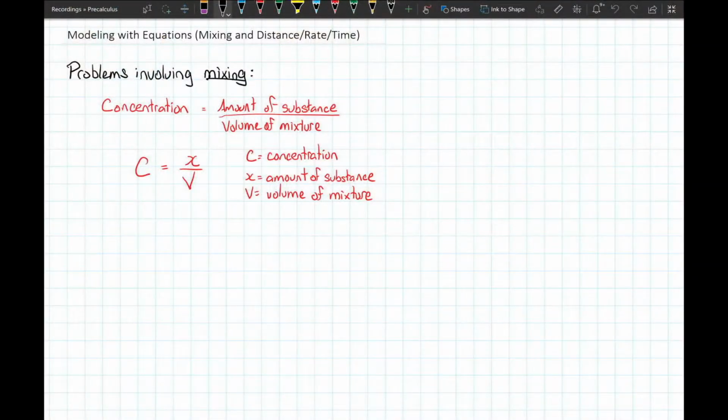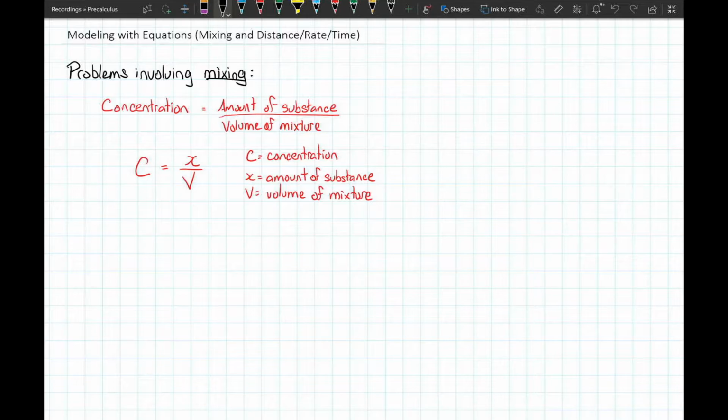Let's look at some problems that involve mixing as well as distance, speed, and time. Now, first thing to know about mixing problems is how we calculate concentration. Concentration can be in terms of volume of a substance or maybe in terms of mass of a substance.